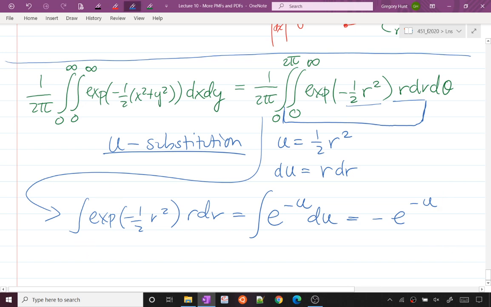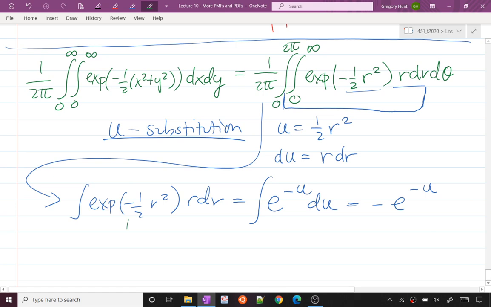If I want to put on my limits, let's just come down here. So this integral should be, I can put back in u, e to the negative, what was u, 1/2 r squared. And my limits were 0 to infinity. And so what do I get?